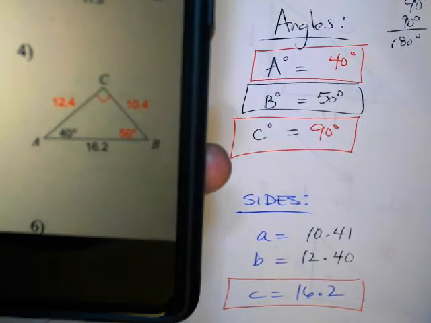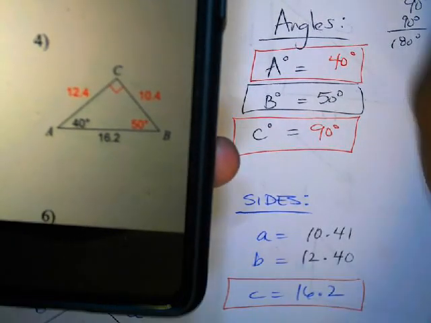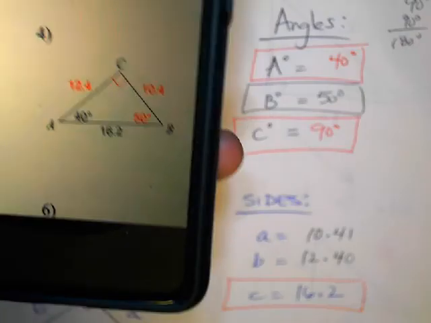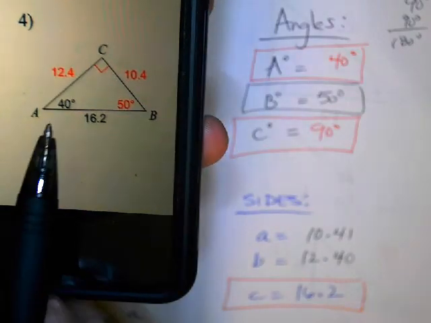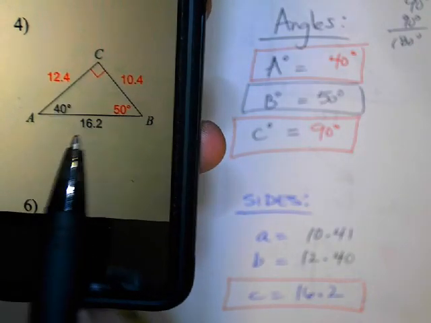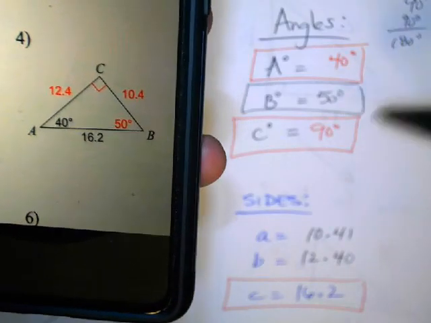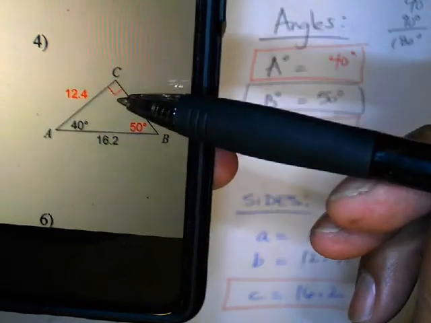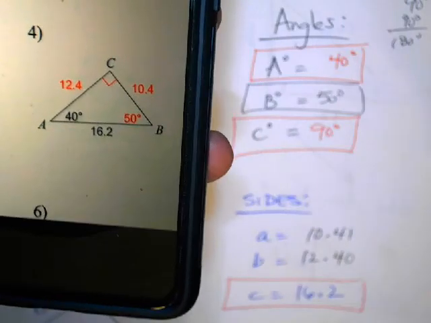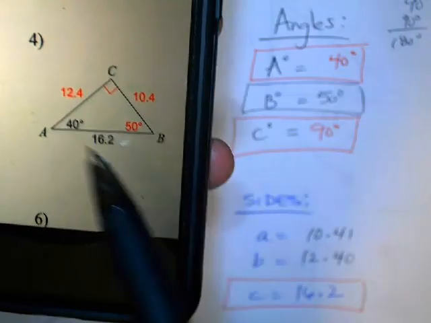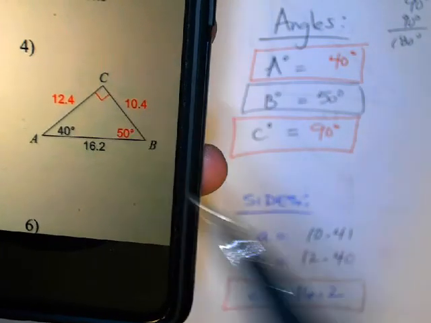Here it is, see? Let me focus it. A is 40 degrees, yep. B is 50 degrees, yep, that's what I have right here. And C is 90, of course.